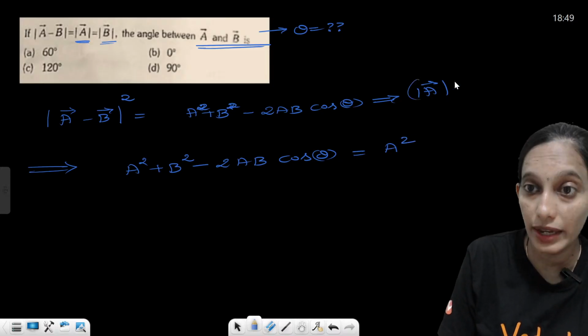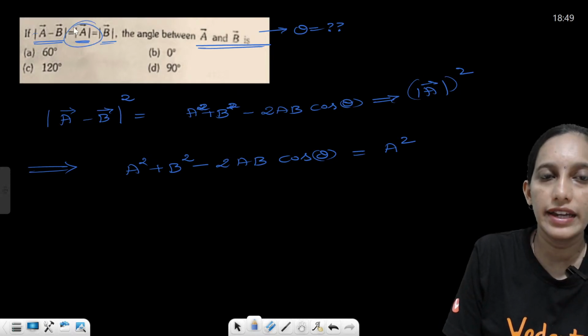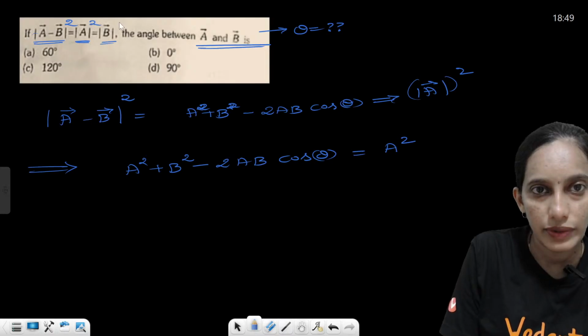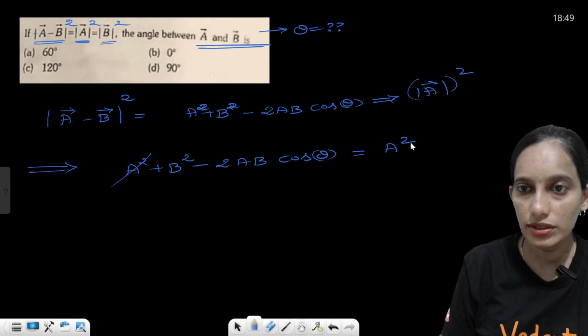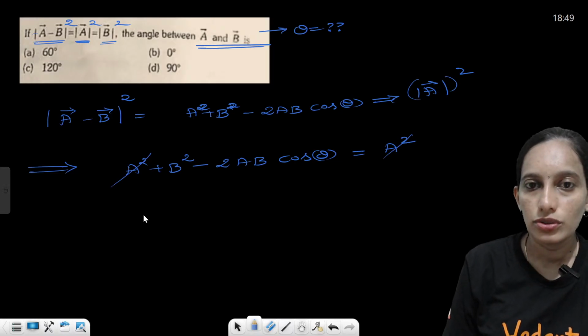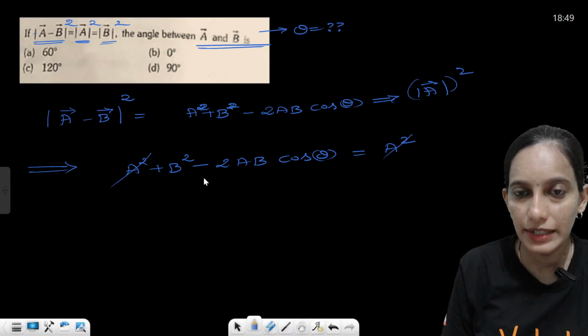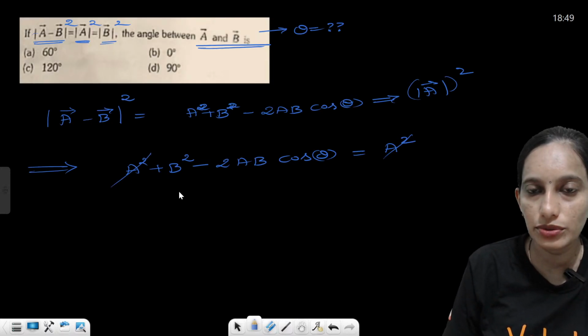ಓಕೆ, ಇಲ್ಲೂ ಸ್ಕ್ವೇರ್ ಮಾಡ್ಕೋಬೇಕು, ಮರಿಬೇಡಿ, ಬಿಕಾಸ್ A minus B magnitude is equals to A ಇರೋದು. ಸೊ ಇಫ್ ಯು ಸ್ಕ್ವೇರ್ ಆನ್ ದಿಸ್ ಸೈಡ್, ಇಲ್ಲೂ ಸ್ಕ್ವೇರ್ ಆಗುತ್ತೆ. ಸೊ A ಸ್ಕ್ವೇರ್ ಆಗುತ್ತೆ. ಸೊ ದಿಸ್ ಅಂಡ್ ದಿಸ್ ವಿಲ್ ಕ್ಯಾನ್ಸಲ್ ಔಟ್. ಸೊ ರಿಮೈನಿಂಗ್ ಏನು ಬರುತ್ತೆ ನಮಗೆ? B square minus 2AB cos theta is equals to 0 ಆಗುತ್ತೆ.